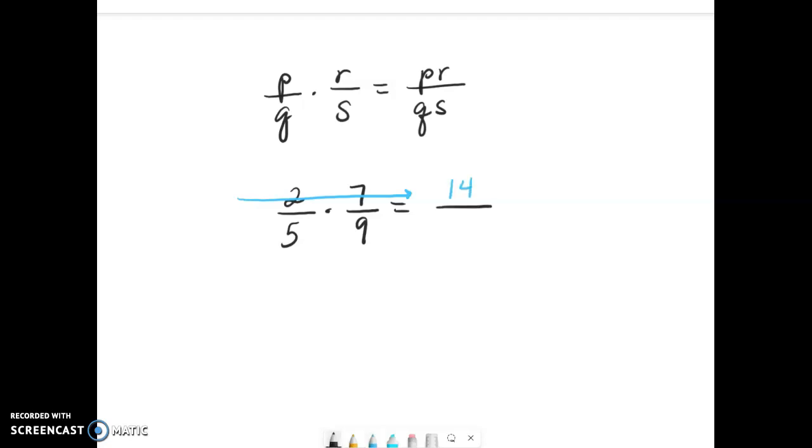And I multiply across the denominators. 5 times 9 would be 45. And as I'm multiplying, if I see anything that can factor out, I would factor it out. Or at the end, I can say, well, both 14 and 45 might have a common factor that I could divide out. In this case, there is nothing that would divide out of both of these.